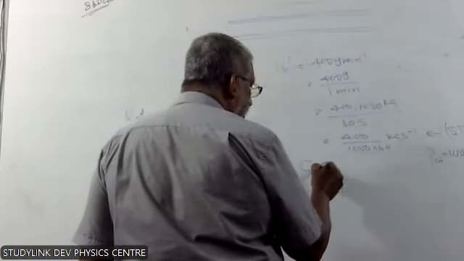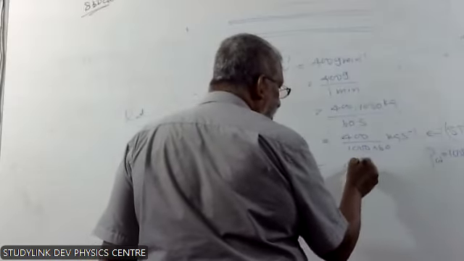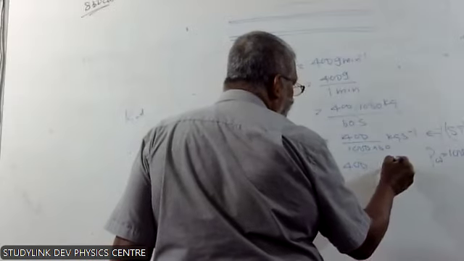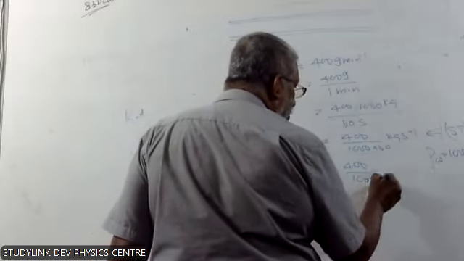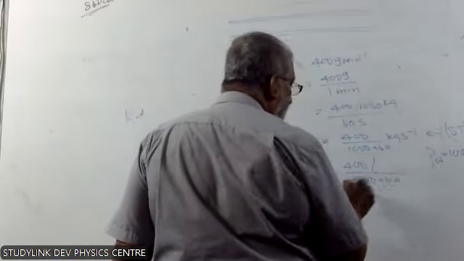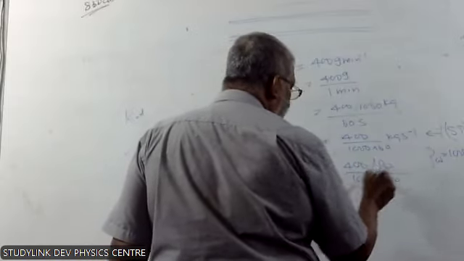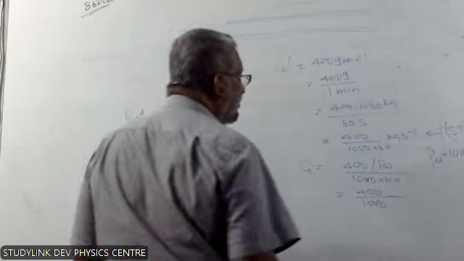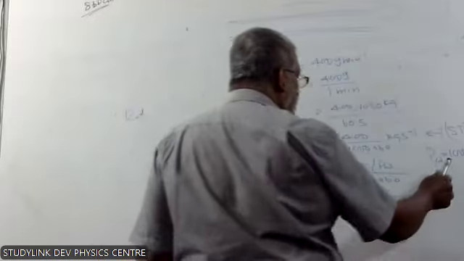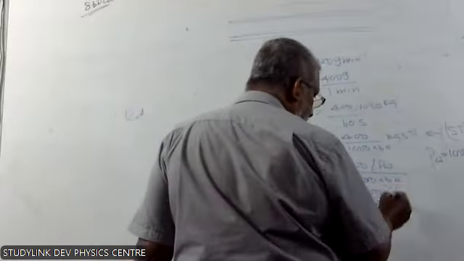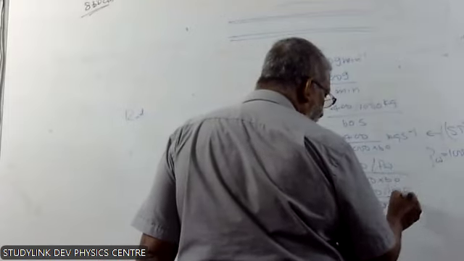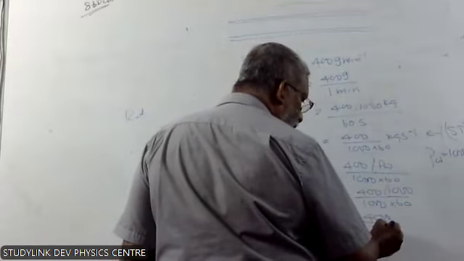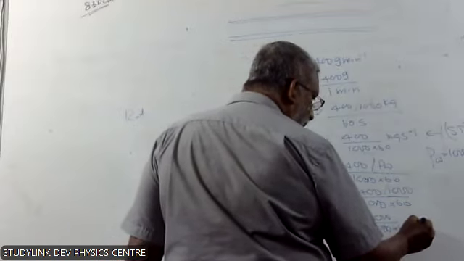Then Q is equal to 400 kilograms per second, that is 400 divided by 1000 into 60, divided again by rho W, the density of water, 1000. So 400 divided by 1000 into 1000 into 60.